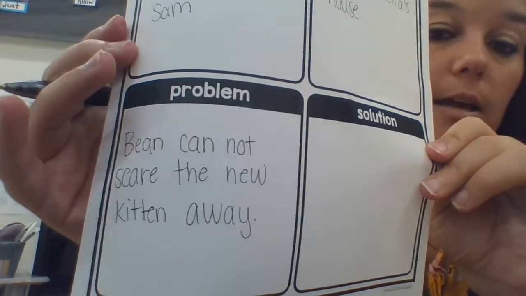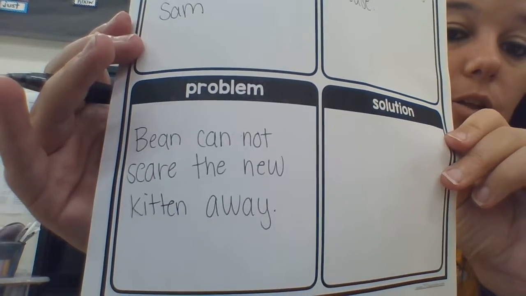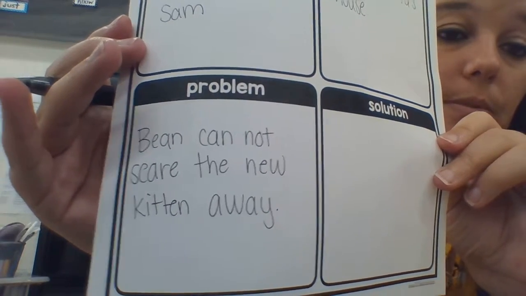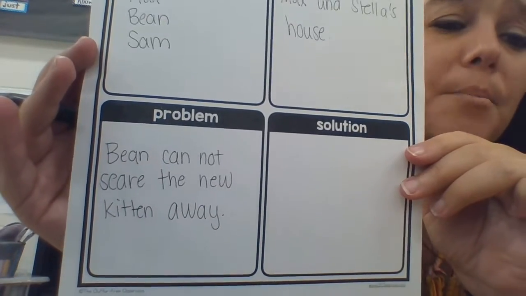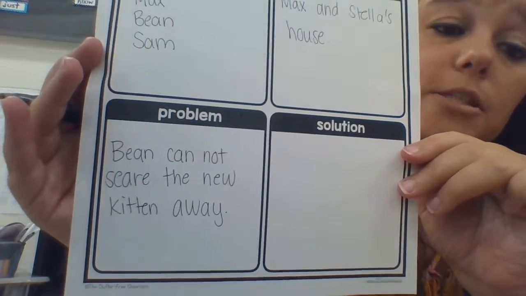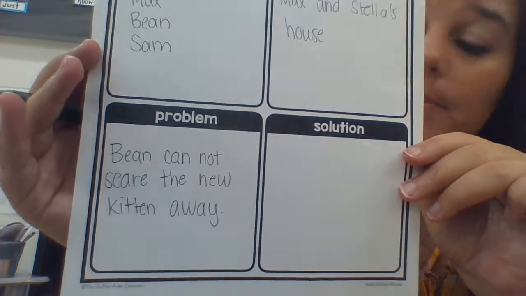Bean cannot scare the new kitten away. Okay, Bean cannot scare the new kitten away. And what I suggest you do, if you need to write this down, hit the pause button and write it down and then start playing it again.